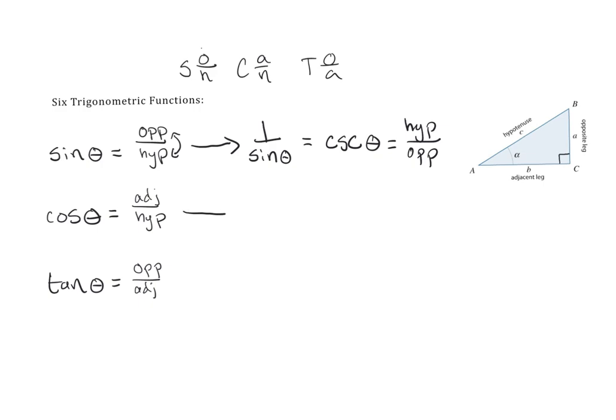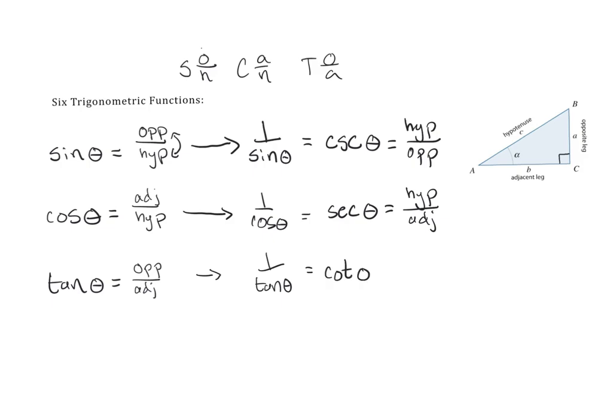And then reciprocal of cosine is secant. And then we're going to flip the ratio, so it's hypotenuse over adjacent. And then the last one, 1 over tangent, is called cotangent, which is adjacent over opposite.